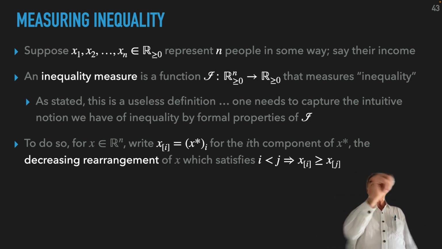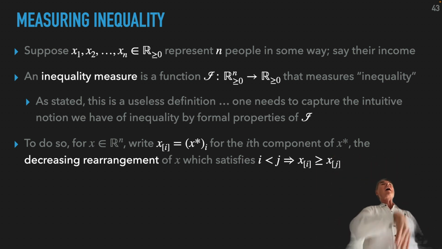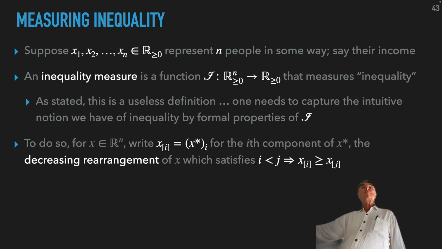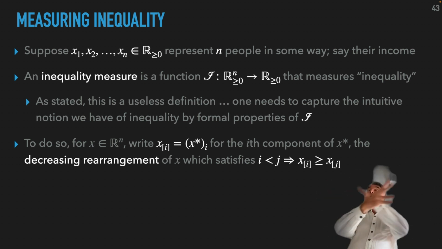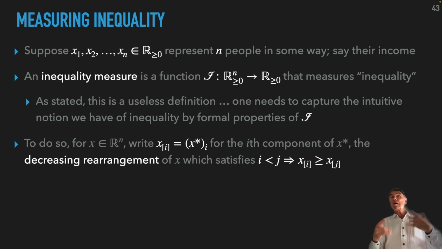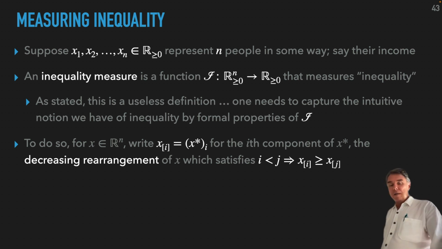I measure everybody's income here, I get all of these numbers, and then I sort them into decreasing order, right? And I'll always just work with that, because from this perspective, I don't care who's the poorest, I'm just interested in the distribution. So that's just the notation for decreasing rearrangement.